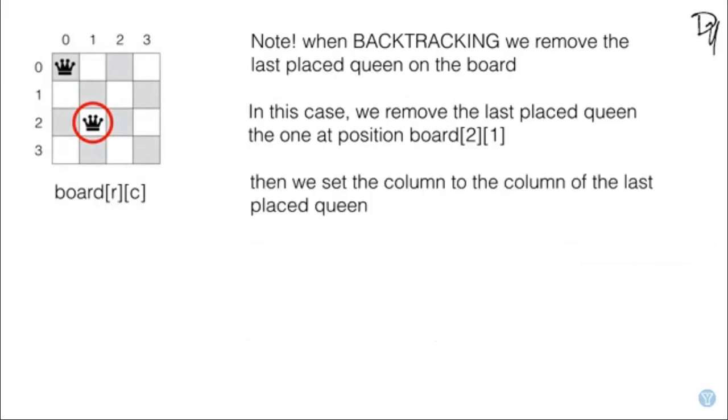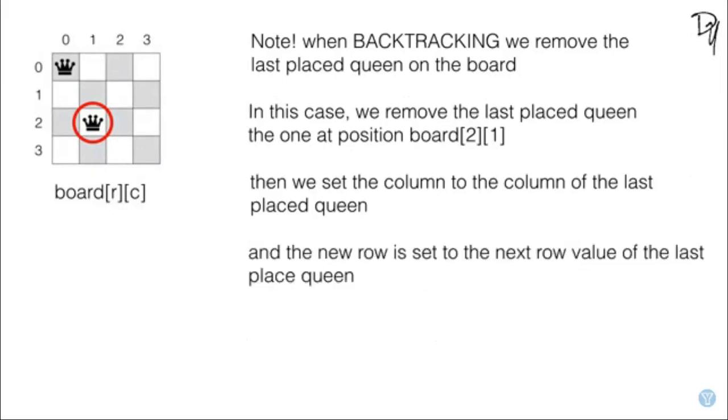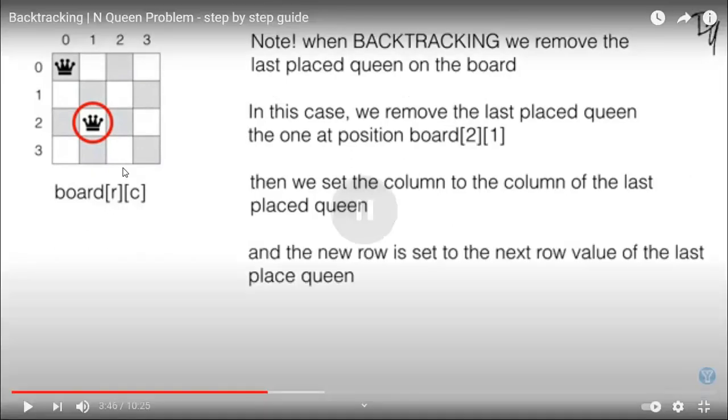So based on this, the 2-1 queen is removed, and then we will set the column to the column of the last placed queen. So earlier we had incremented column to 2, right? So now this time what we have to do, we have to decrement column by 1, or you can say the column where you last placed the queen, that column we have to set, and the new row is set to the next row value of the last placed queen.